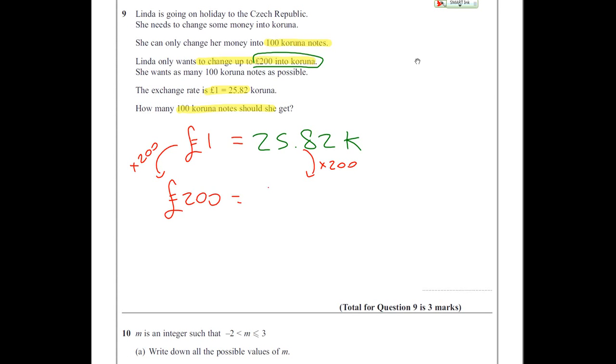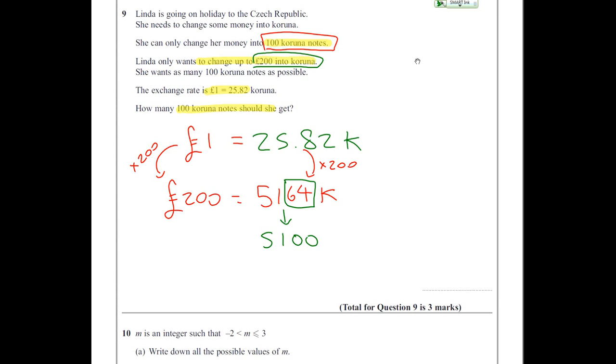That gives you 5,164 koruna. Now, we can only use 100 koruna notes. So we can't change this 64 koruna. We can only change 5,100 koruna.